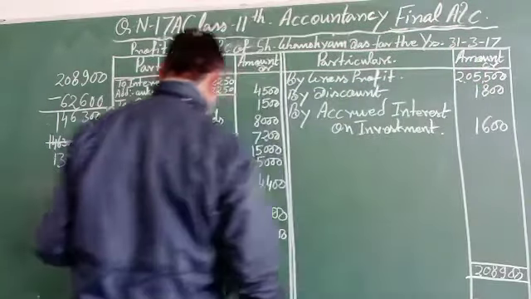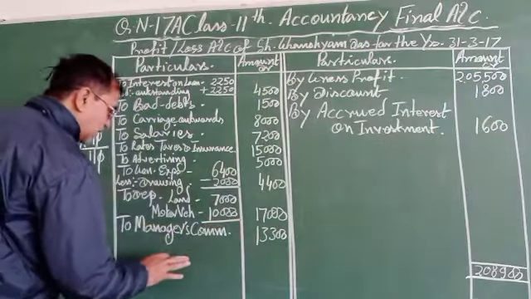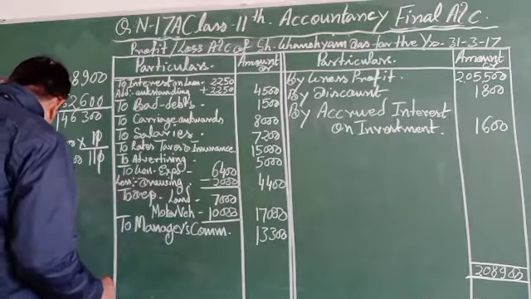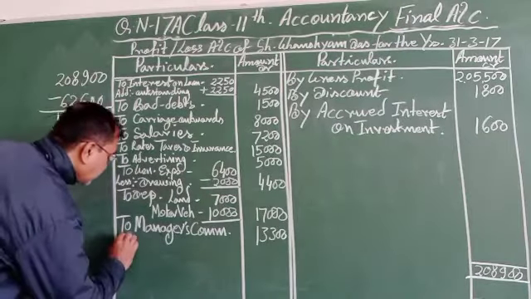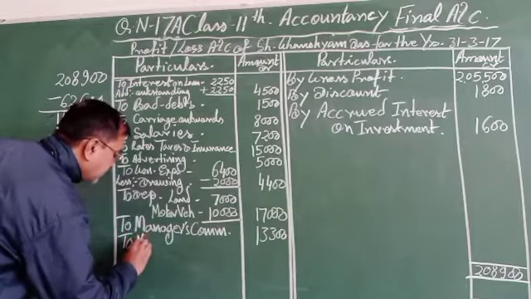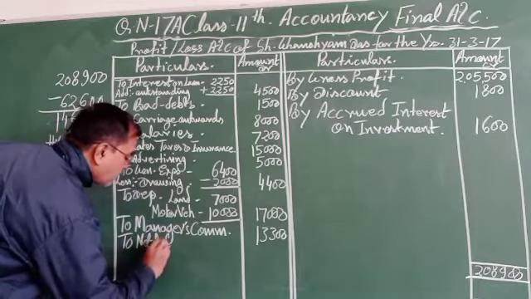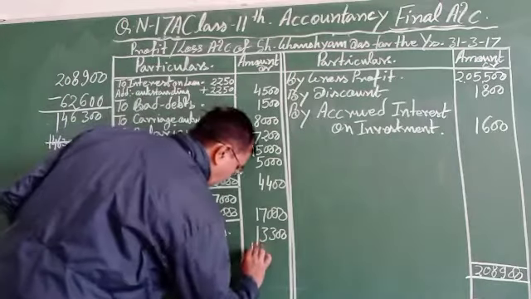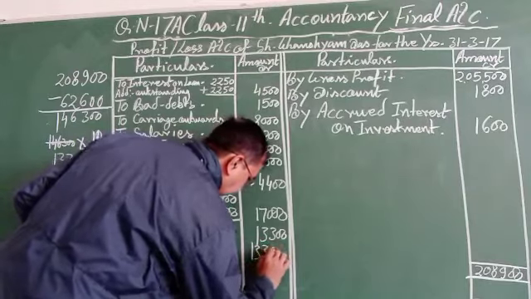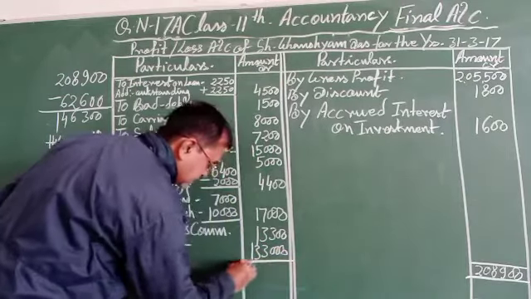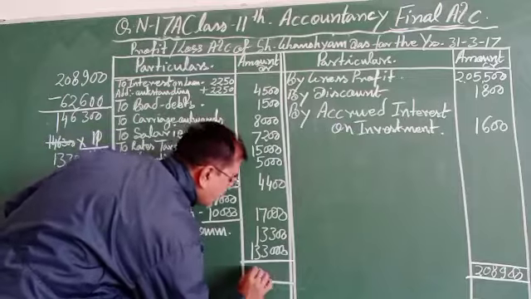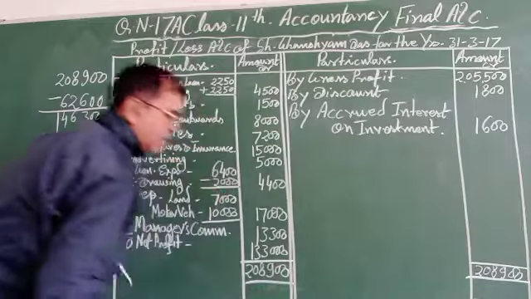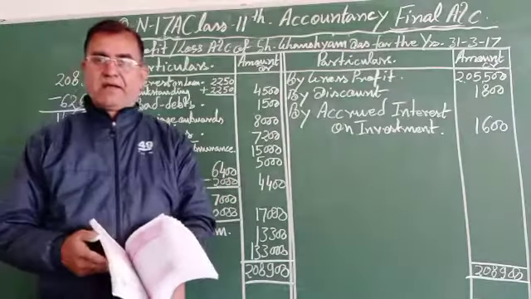And then after deducting the amount 13,300, the net profit will be 1,33,000. To net profit 1,33,000, total 2,08,900. This is the proper way.